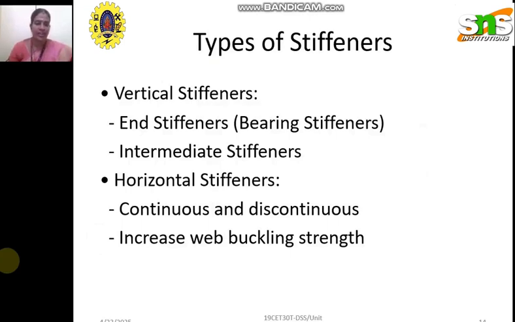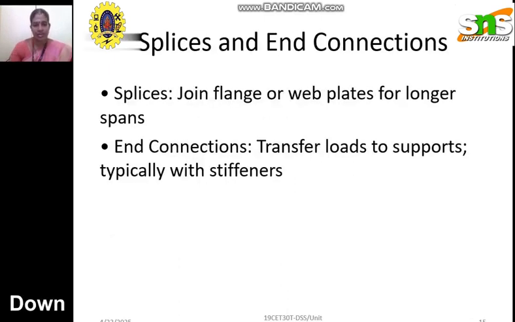If you are taking the types of stiffeners, the vertical stiffener may be an end stiffener, or it may be intermediate, and it may be continuous or discontinuous. Everything is to take care of the buckling of the beams. And also if you want to join more plate girders in these places, to join two plate girders in a place, we are providing the splice plate.